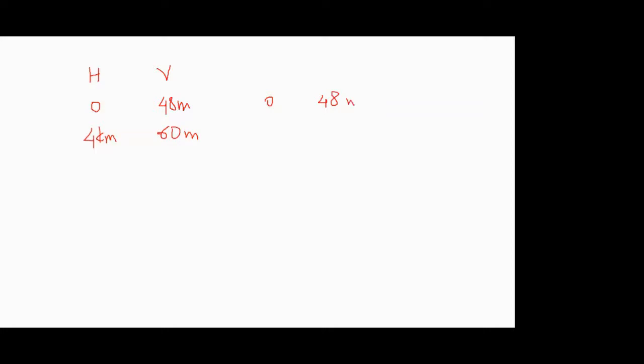At zero chainage you have 48 meter height. At 4000 meter, I have 60 meter height. The difference of these two comes out to be 12 meter.